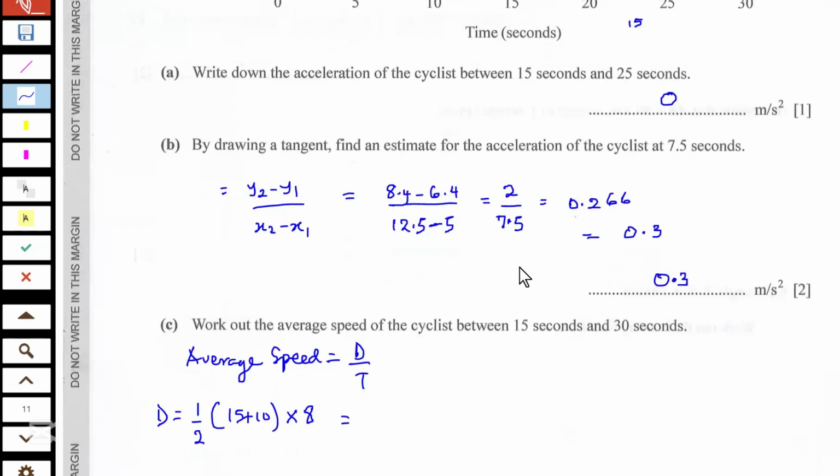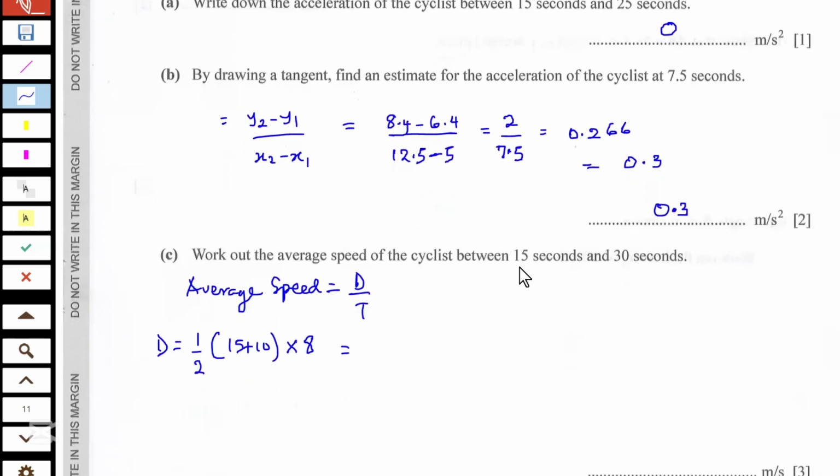times the sum of the two parallel sides times the height will give us 100 meters. So we're going to have 100 meters as the total distance traveled between 15 seconds and 30 seconds. Now, going back to the formula for calculating the average speed, which is the distance traveled over time.